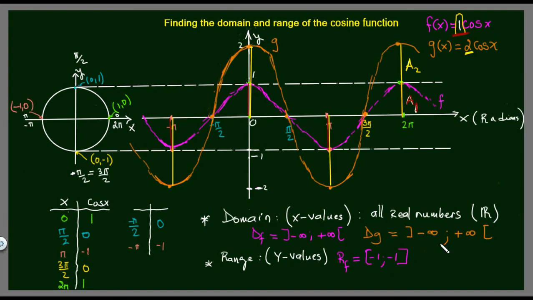And what about the range of g? Its range is also described on the y-axis, but it has 1 unit more than the f function. That's what we call the amplitude, that's what makes the difference. It was 1 here, so we're having 2 now. So it's describing from 0, 1, and 2, and doing the same thing, 1 and 2.